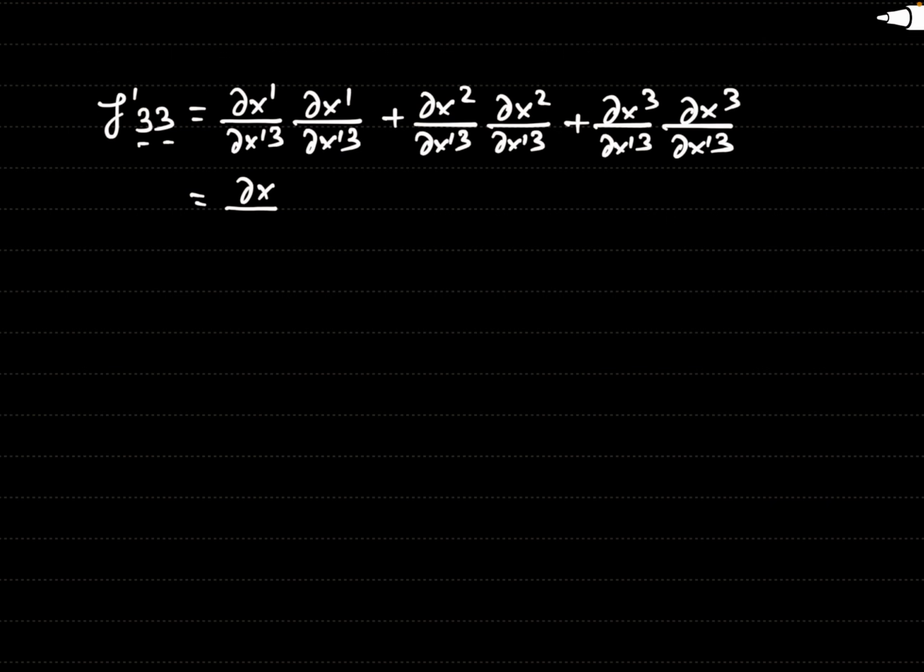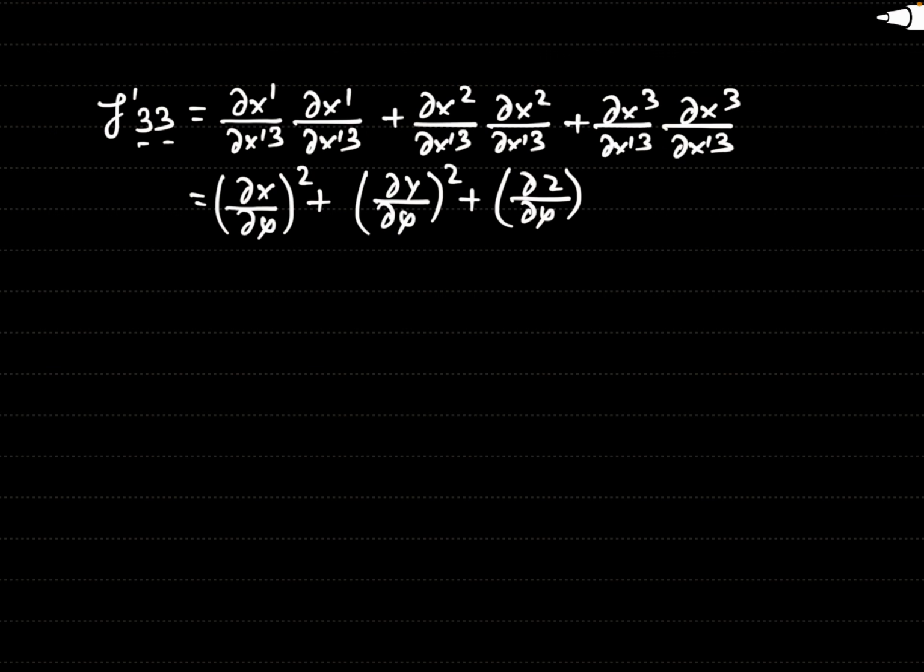So this will be del x by del phi squared. Similarly, this x2 is y, so this is del y by del phi squared, and plus del z by del phi squared. Now again see the transformation.